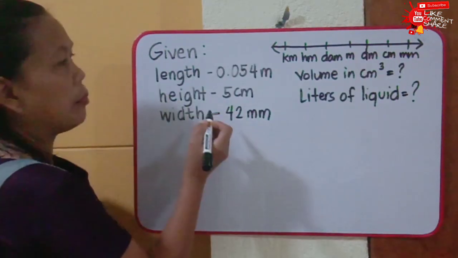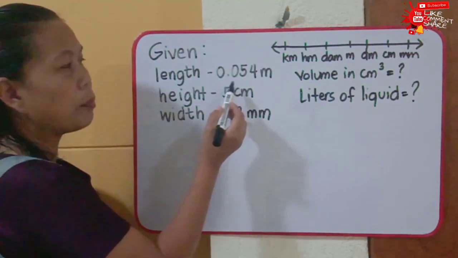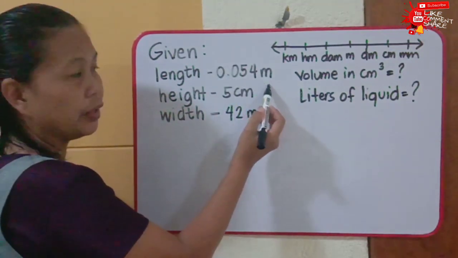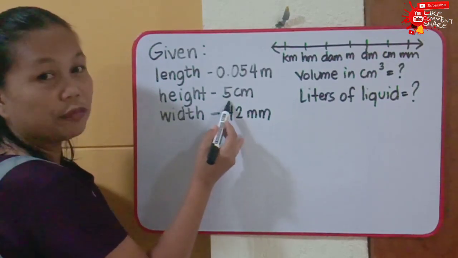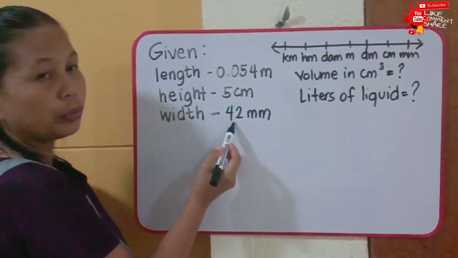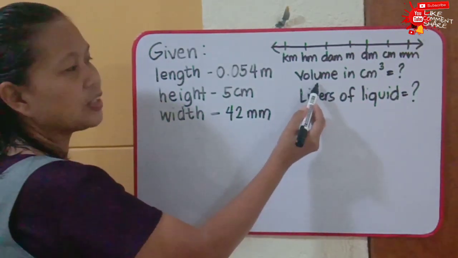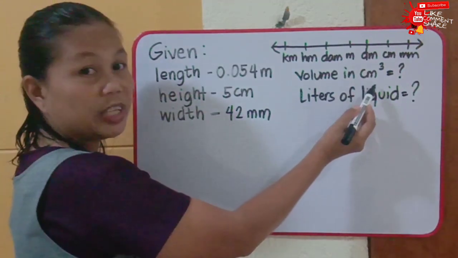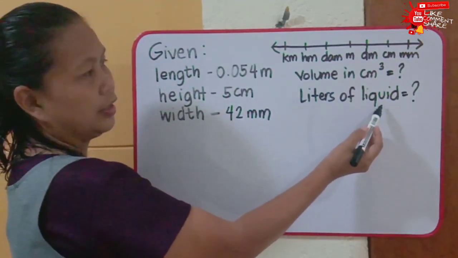Based on the given problem, we have here the length, which is equal to 0.054 meter, the height, which is equal to 5 centimeter, and the width, which is 42 millimeters. And we are asked to give the volume in cubic centimeter and the liters of liquid.